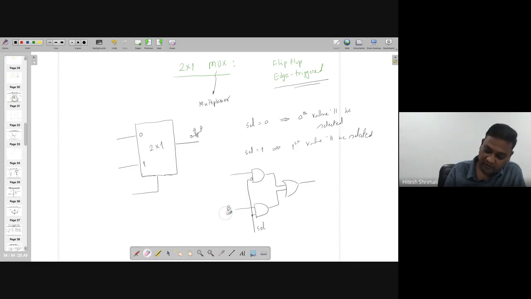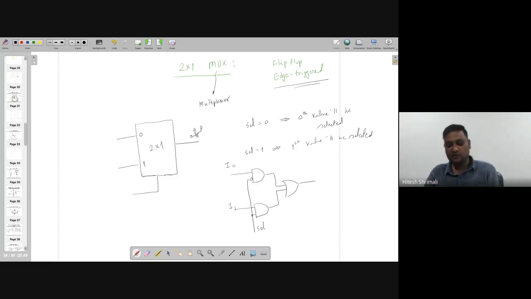Or I can write I0 and I1. So when select equal to 0, I0 will be the output, and select equal to 1, I1 is the output, right? So this is a known fact already to us.